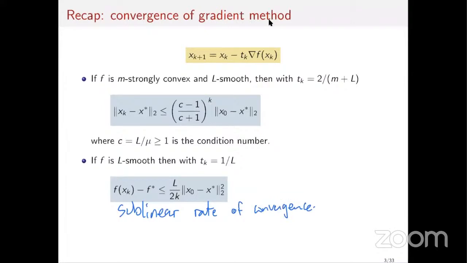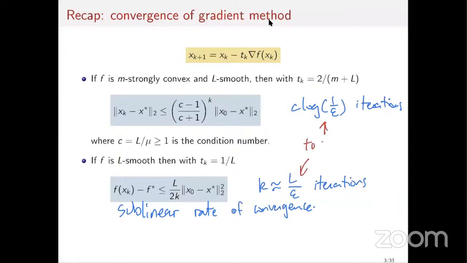We saw that if you want to reach accuracy epsilon here, you need roughly k to be L over epsilon iterations to reach a gap f minus f star of epsilon. And here, if you want to reach a distance of epsilon, you will need roughly c log 1 over epsilon iterations. So both of these are to reach accuracy epsilon.